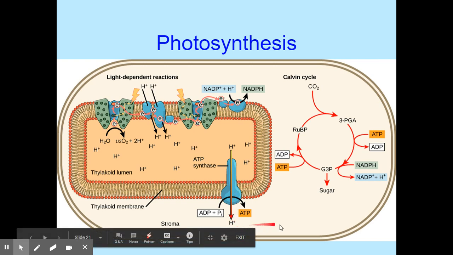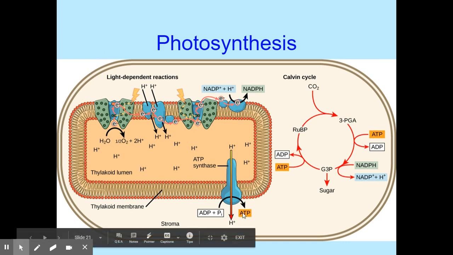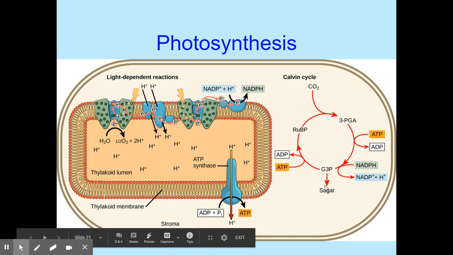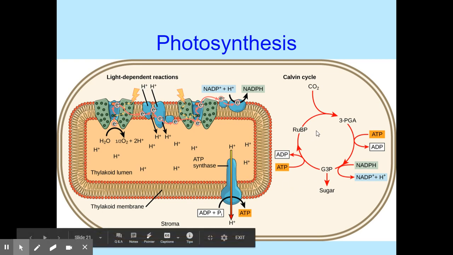Extra H pluses that get pushed out get pumped back in to be used again in here. I know it may seem complicated, but the overall idea is that we make these two forms of energy in this reaction, to be used in this reaction to make sugar. Once we use the energy, it's recycled again in this reaction to make more sugar.